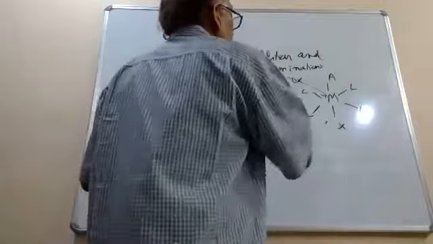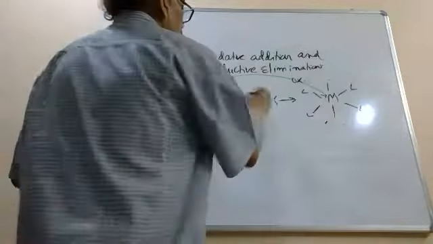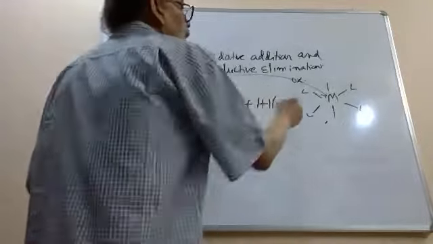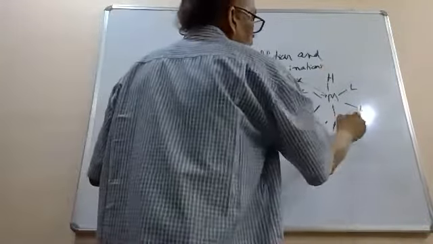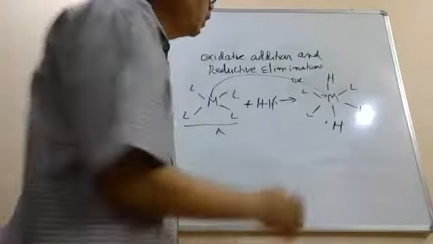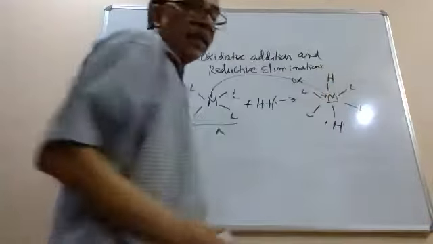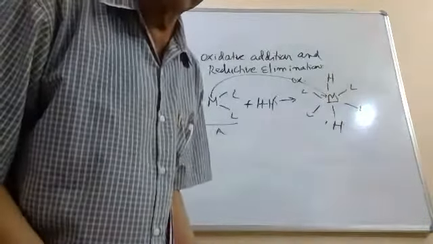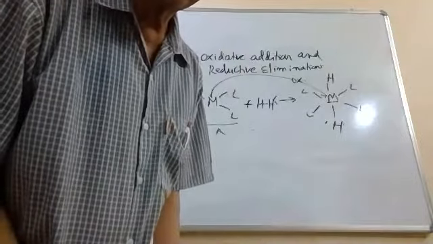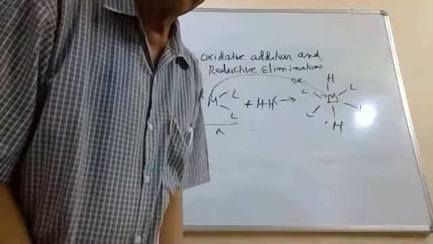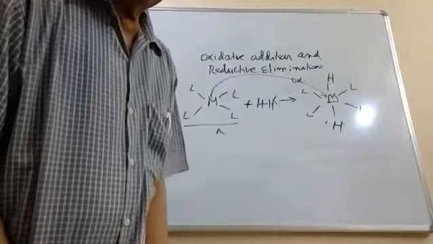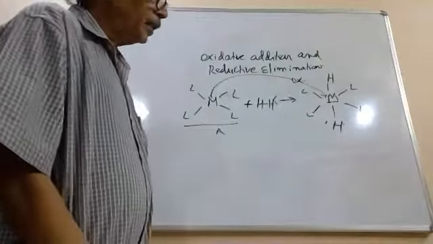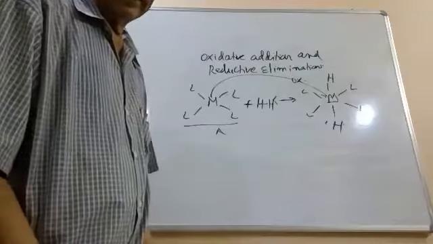So let's say instead of A-X, we have hydrogen. In which case you're adding 2 hydrogens here. So once you add 2 hydrogens, what happens to the oxidation state of the metal? Decrease or increase? Sorry, increase.